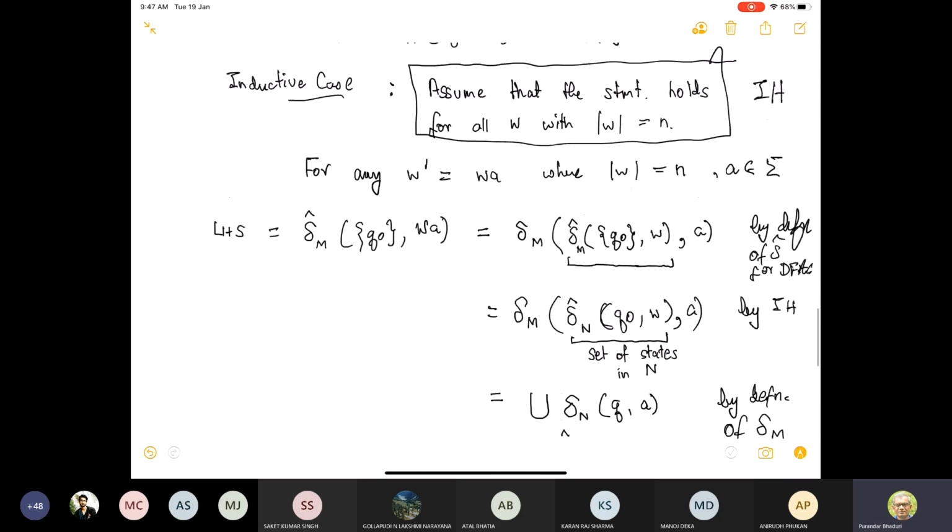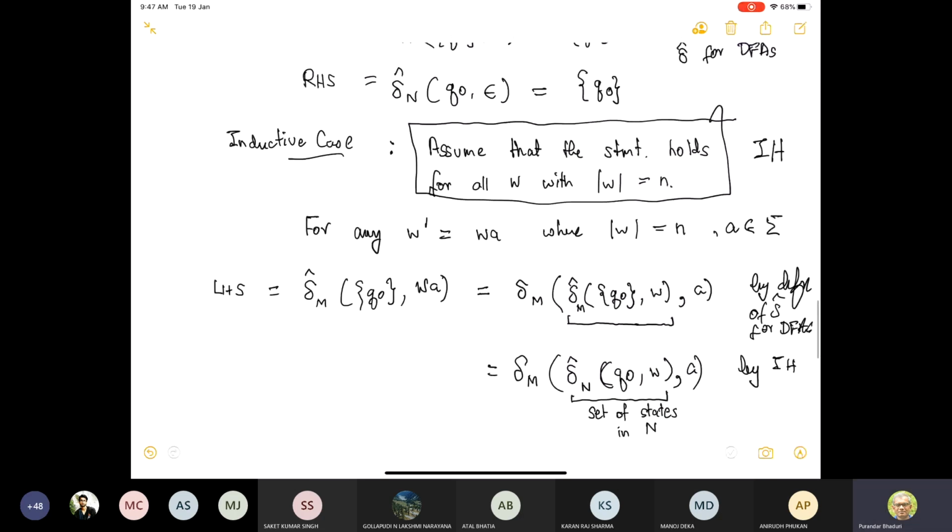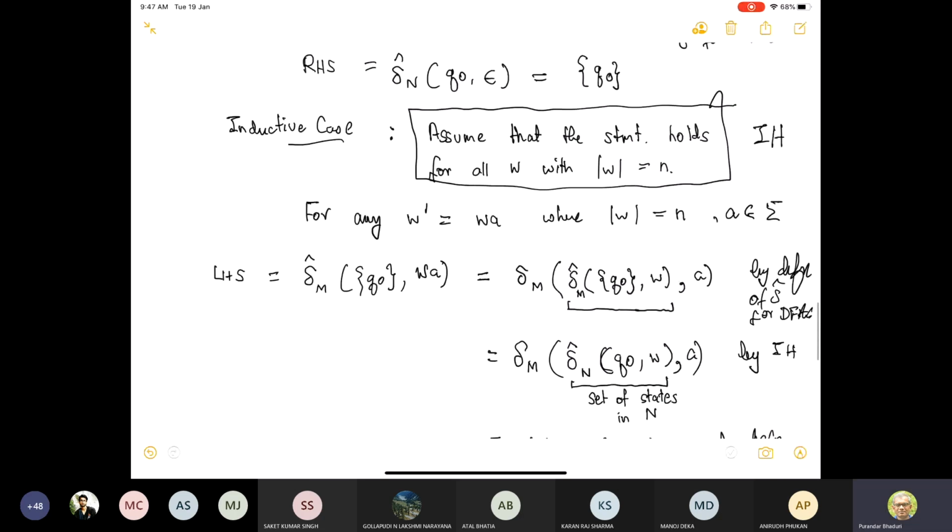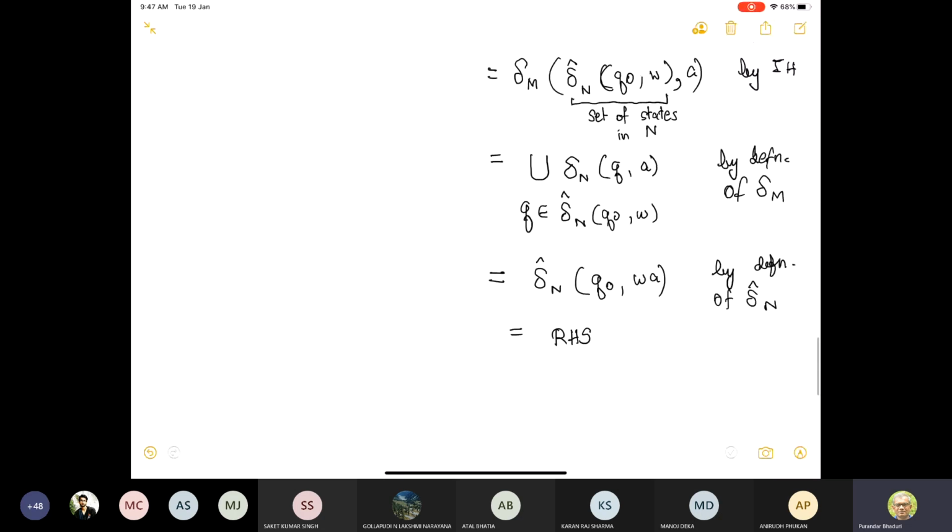And as I said, the main result that L(M) equals L(N) follows from here, right? So let me also write it down.